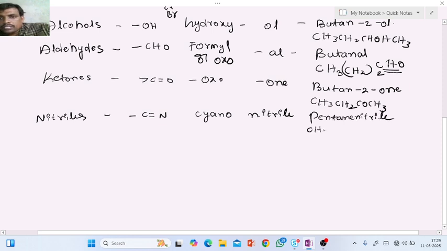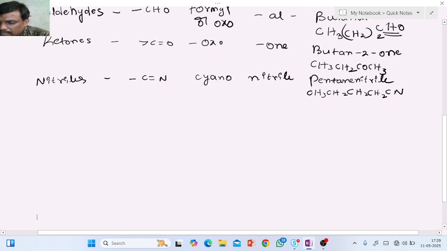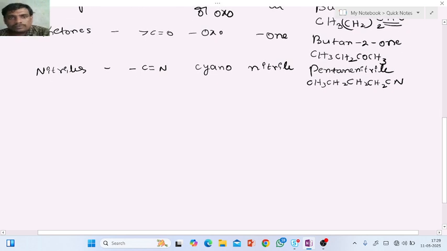CH3, CH2, CH2, CH2, and we have to mention the CH2 three times. Why? Because it is pentane and CN can be taken as the IUPAC functional group.